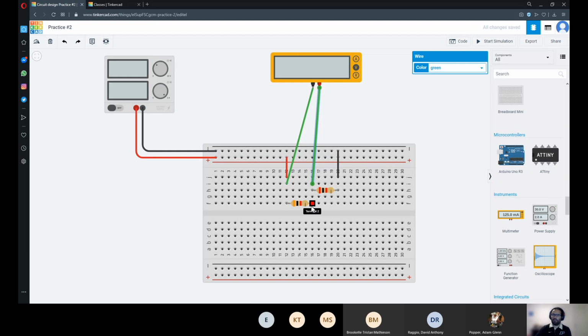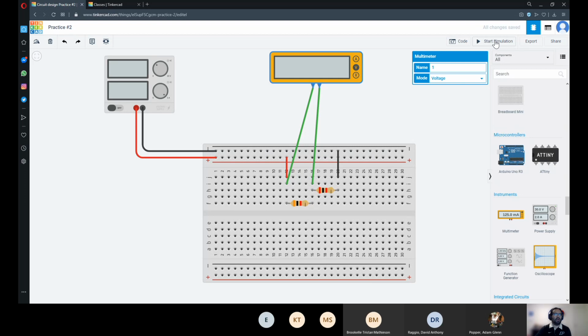Also, I am assuming that you guys are familiar with breadboards. Am I wrong assuming that you guys know how to work with them? Okay, I'll take your silence as that you know what you're doing. So I'm just wanting you to connect them in between.